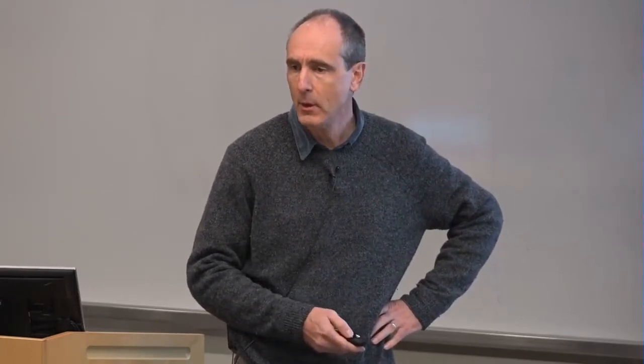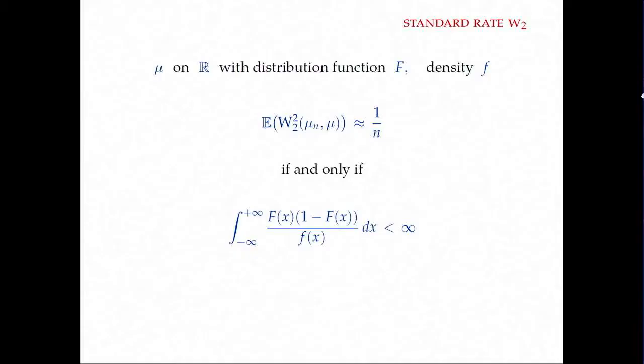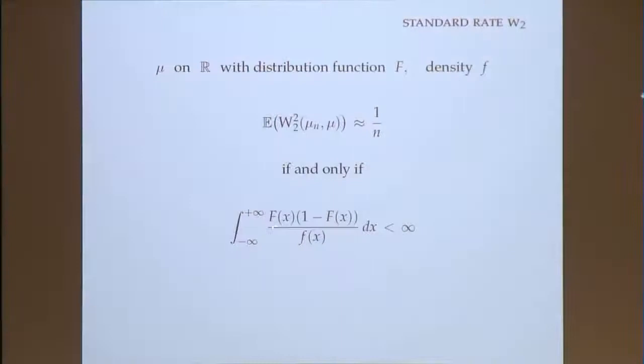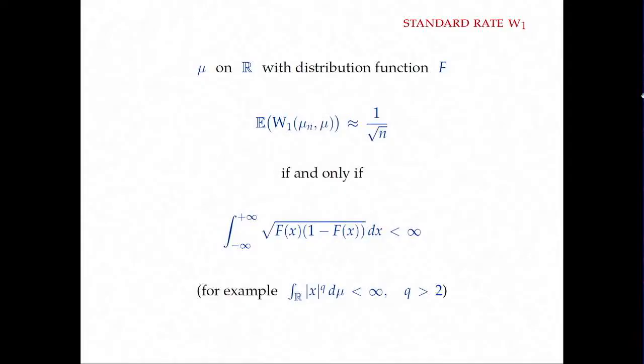What happens for other distributions? Suppose you have a distribution mu on the real line. Assume that it has a density, although this is not strictly necessary. Then you get the standard rate, the rate of the uniform case, if and only if this condition is satisfied. So you have this expression that involves the distribution function and the density. For the purpose of comparison, for W1 we had only this condition, which is satisfied as soon as you have some moments bigger than 2.